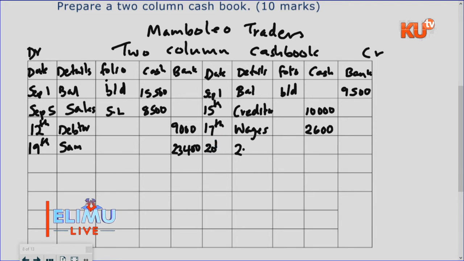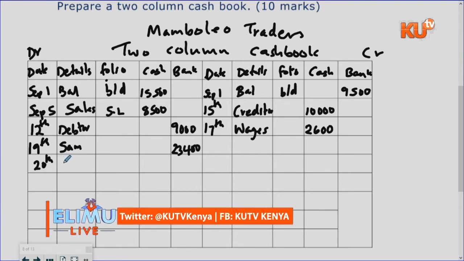It is received, sorry. That should be debited. So we'll debit on 20th September. That is from who? From a debtor. Cash or bank? Cash of how much? 6,700. Good.